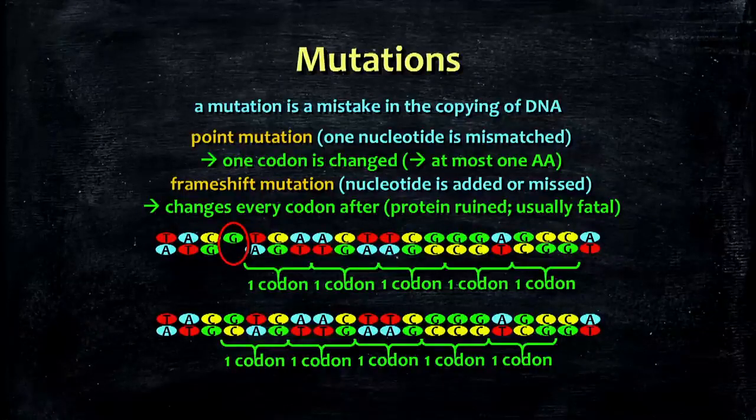And comparing it with the proper sequence, which is shown on the bottom of the screen, each codon is now different from then on. So this is why we call it a frame shift mutation.